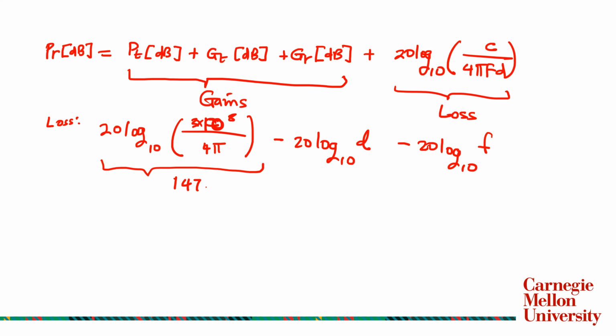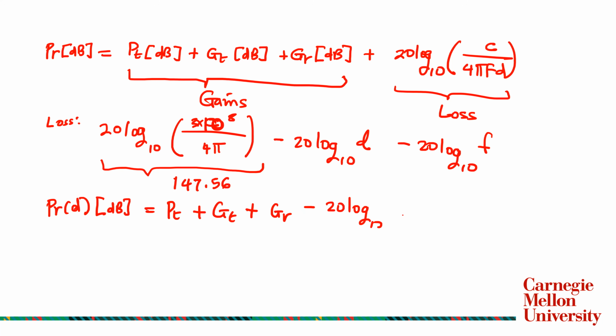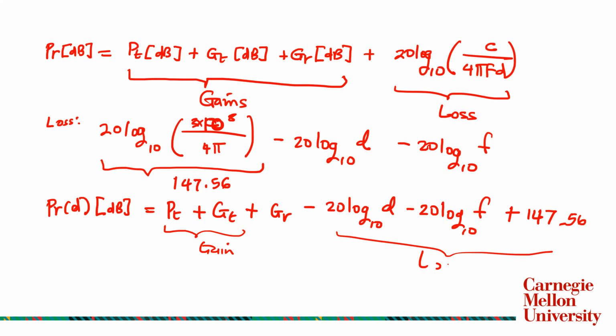Exactly, 147.56. So this is then what we have. It means that our PR(D) in dB is PT plus GT plus GR minus 20 log 10 of D minus 20 log 10 of F plus 147.56. So this is the gain and this is the loss term.